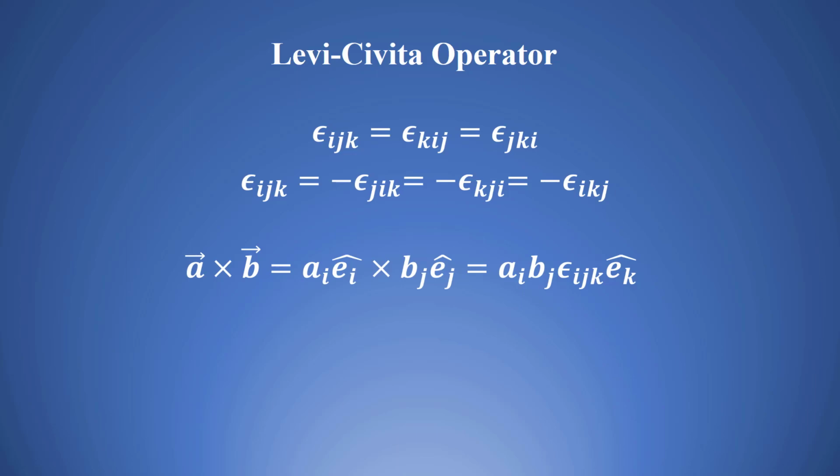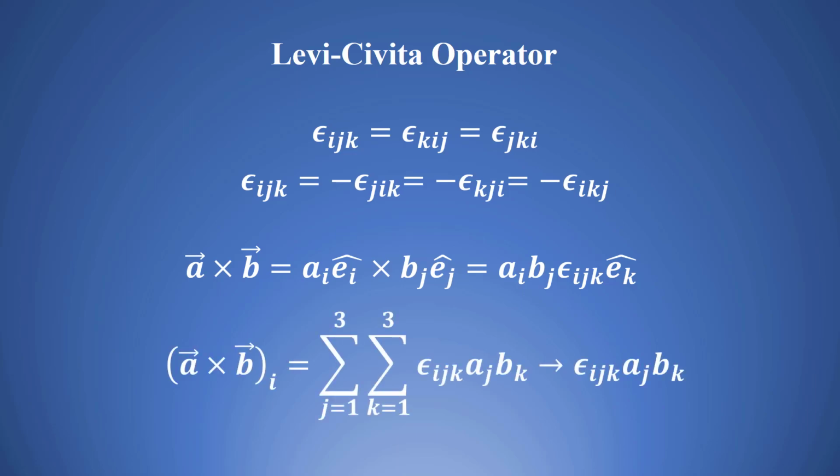The ith component of the cross product between A and B is equal to the summation over j and k from 1 to 3, because we are talking about the three-dimensional space, of epsilon ijk aj bk. When we do the summation, there are 9 terms in the sum, but this time only 3 of them are non-zero. Therefore, we can omit the summation, and we get that it's equal to epsilon ijk aj bk.